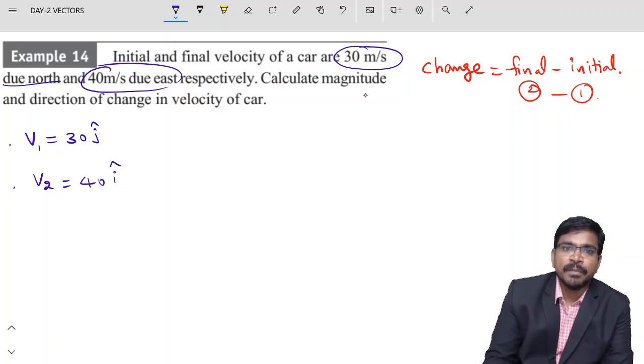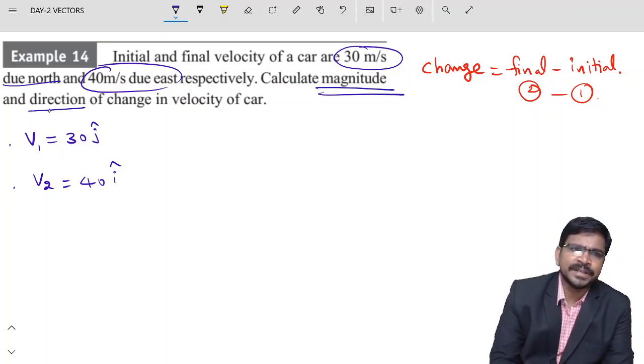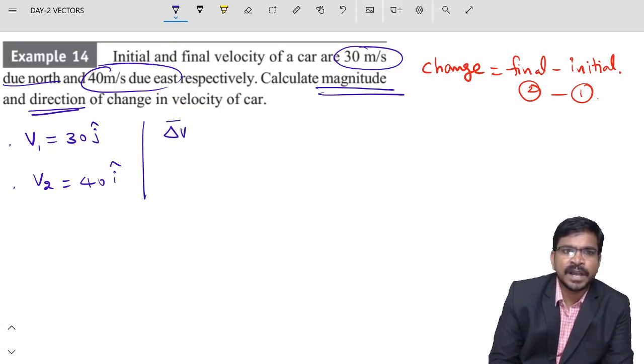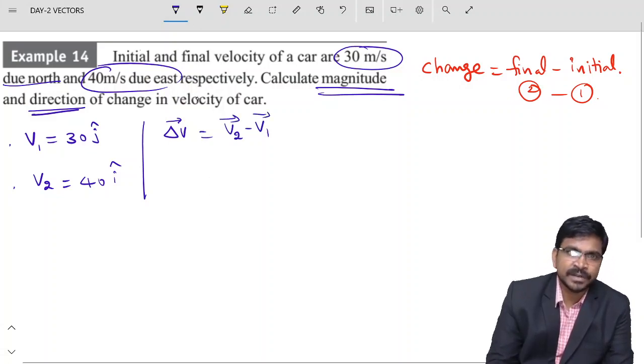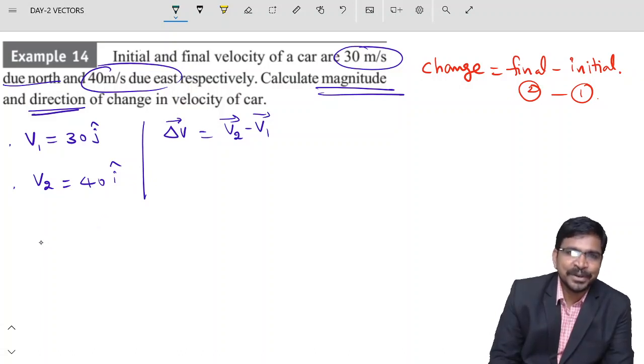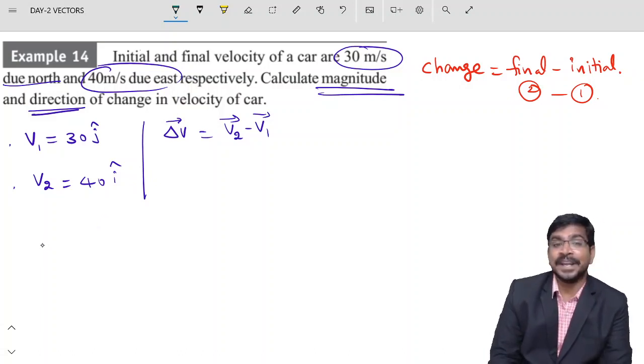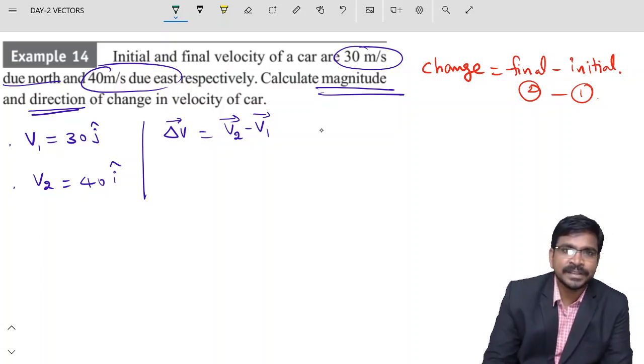And I want magnitude and direction. So here clearly it indicates change in velocity is V2 minus V1, subtraction of vectors. In the case of subtraction of vectors, just now we have solved magnitude is, and here it clearly indicates east and north, theta is 90 degrees.